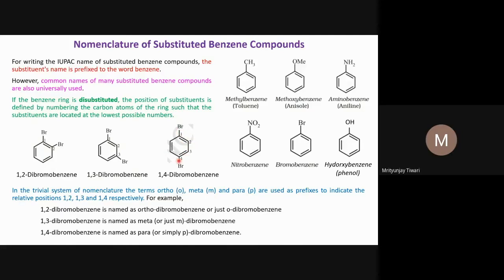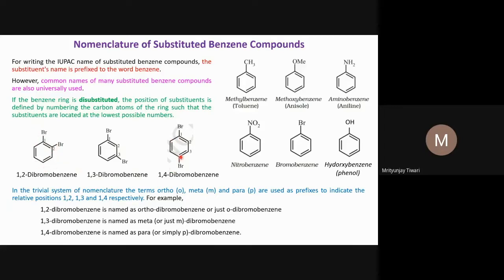Now for this compound, you can do numbering in this way or this way. Both ways you will get the same name and the numbering will be the same. It's 1, 2, 3, 4 in the clockwise direction, and even in the anti-clockwise direction, 1, 2, 3, 4. The substituents are in the same position, so you can do it either way. If you start numbering from this carbon atom, the numbering will be in the anti-clockwise direction, and for the other compound also, if you start numbering from this carbon atom, it will be in the anti-clockwise direction.